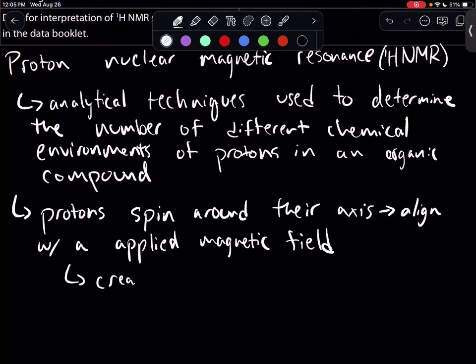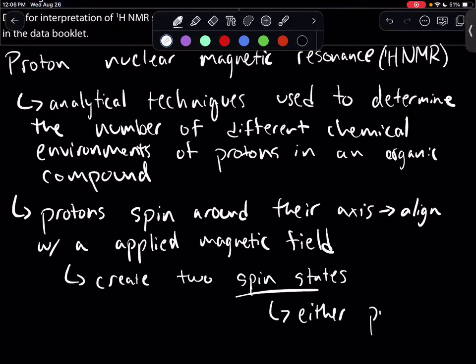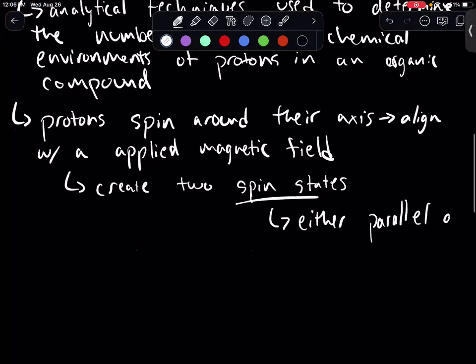So we will create two spin states, because they'll be spinning one way or the other way, which will create opposite magnetic fields, which means they'll be either parallel with the magnetic field or anti-parallel. And that is based on direction of spin.